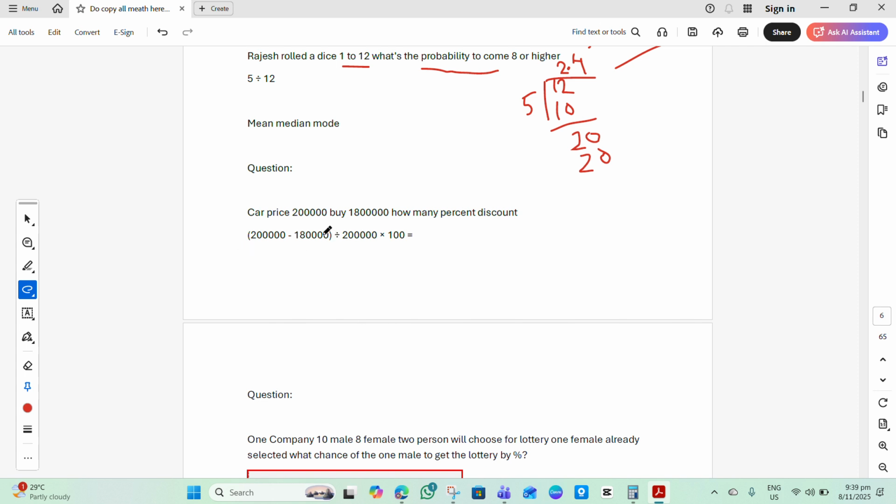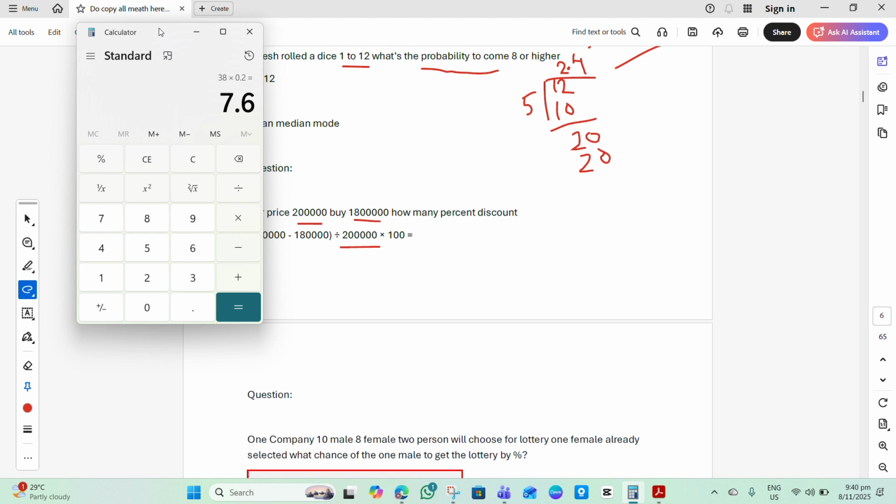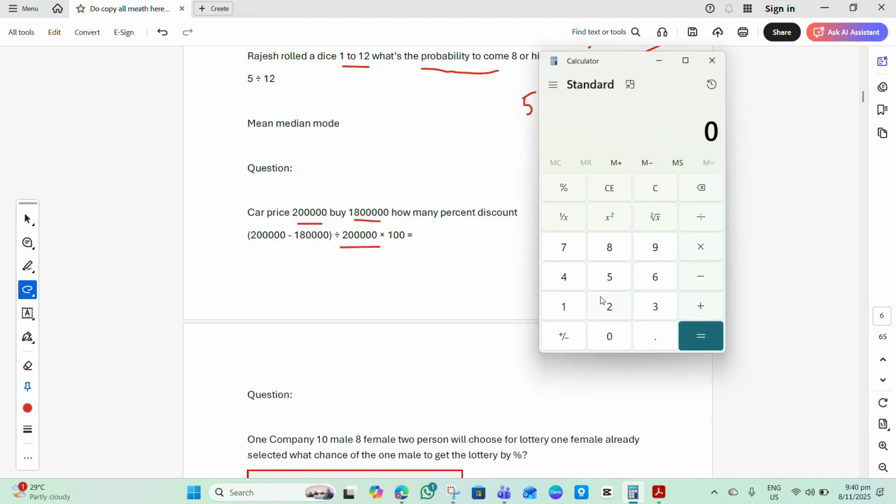We need to subtract these two values first, then 20,000 multiplied with 100. So we do multiplication. How many percent can we say?